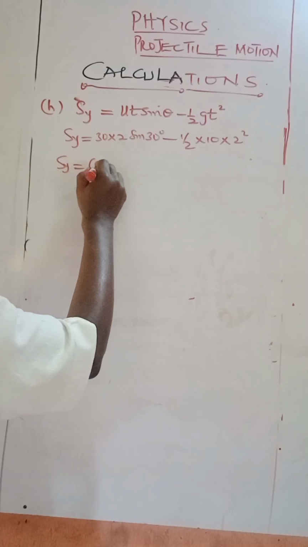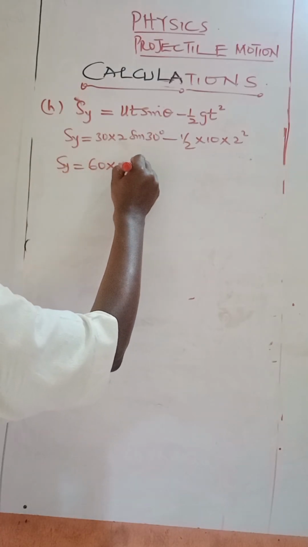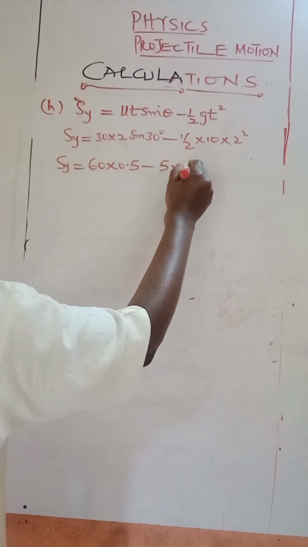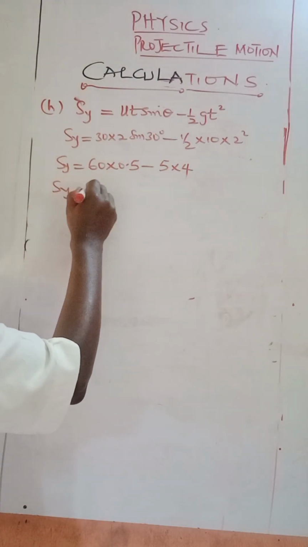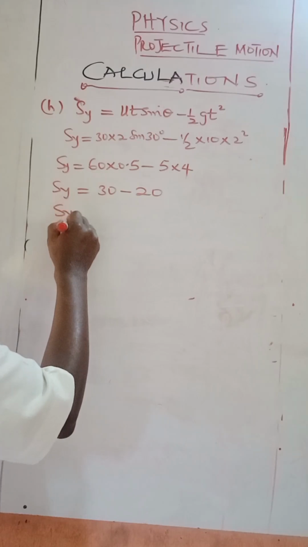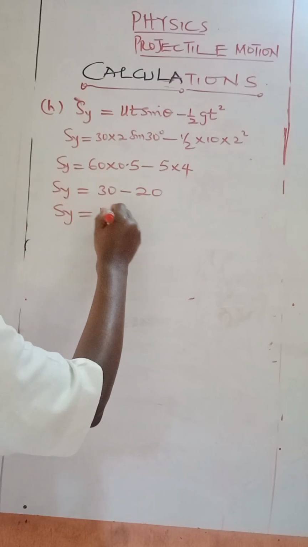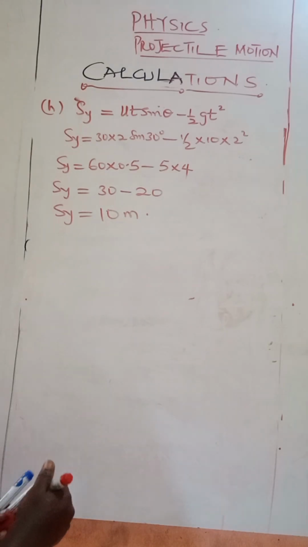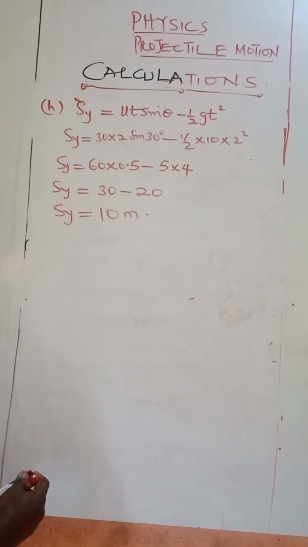Sy is equal to 60 times 0.5 minus 5 times 4. So Sy now is equal to 30 minus 20. Sy now is equal to 10 meters. That's the vertical distance covered at t equals 2 seconds.